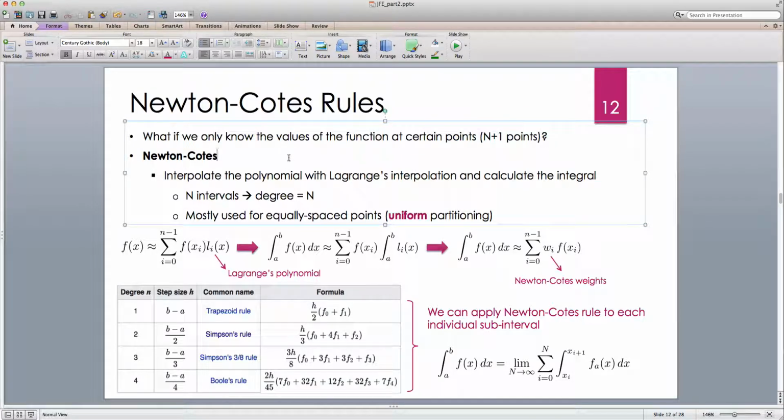One case where this happens is, let's say you have a signal coming into your electrical circuit, and then you sample it at some rate, let's say 10 kilohertz, 20 kilohertz. It means every 10 milliseconds or every 1 millisecond you're taking a sample of the signal, which means you're taking a value of the function, right?